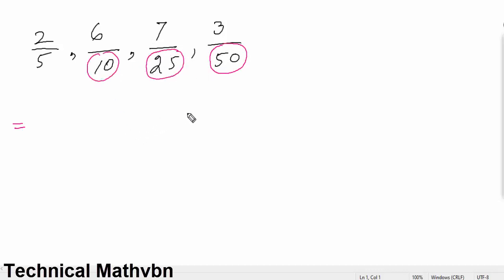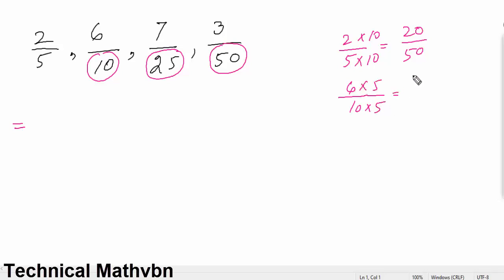How to make it? It's very simple. Take the first fraction 2 by 5, multiply this number with 10, this with 10, that is equal to 2 tens are 20 over 50. 6 by 10, multiply with 5, that is equal to 30 over 50.